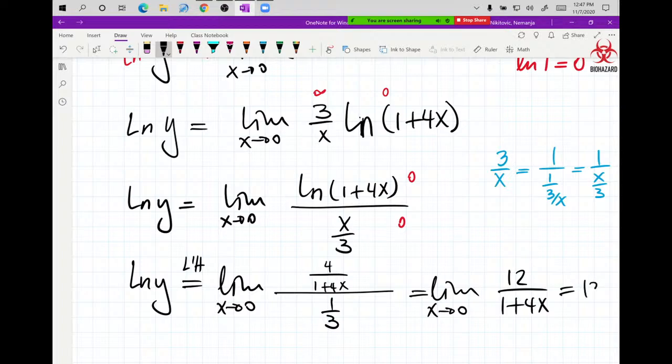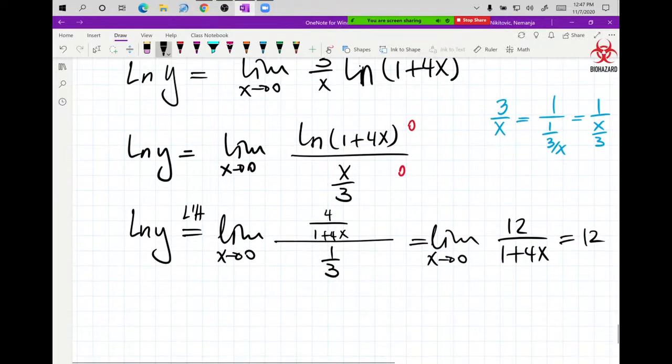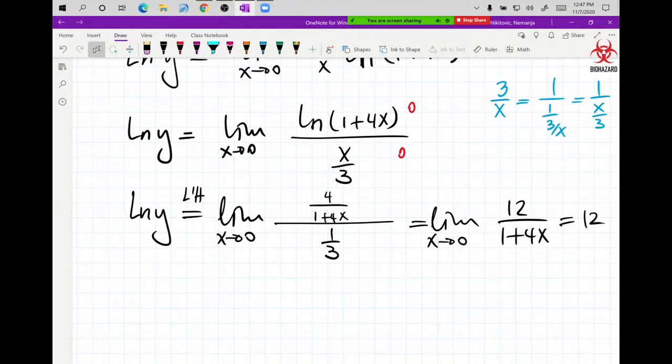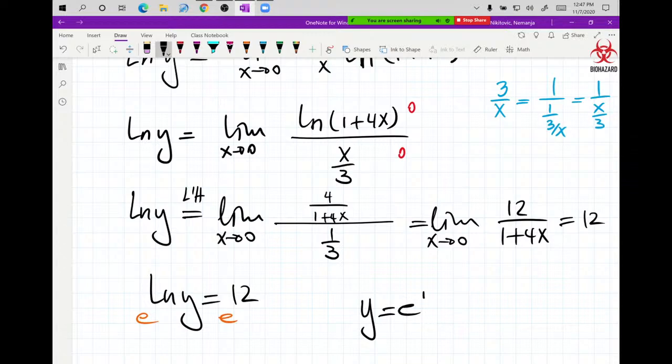And when I plug in 0, I get a 12 there. So ln y is 12. And when I e both sides to get y out, we get that y is e to the 12.